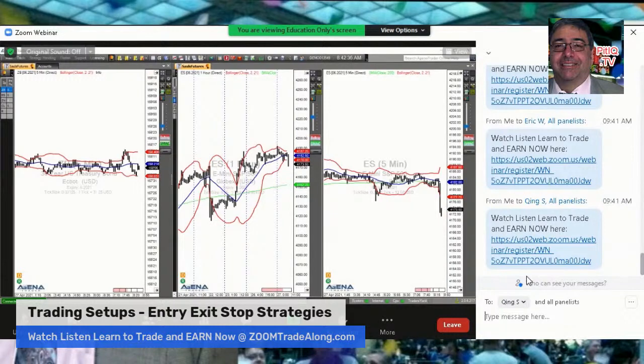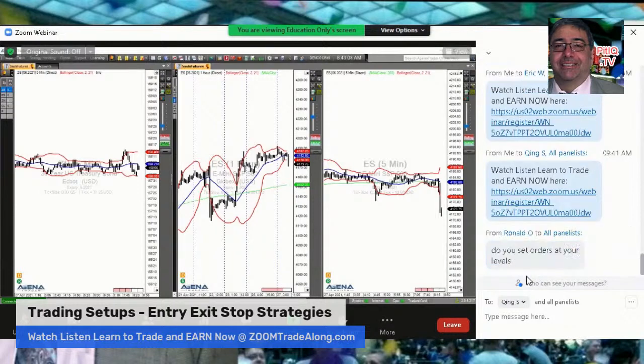Again, if anybody has any questions, please feel free to ask them in the chat box area. And the chat box area is where we have all the levels that we gave out. A nice rotation there off of our first support level at the 75 area. And everybody who traded, including, yes, my orders are ready.